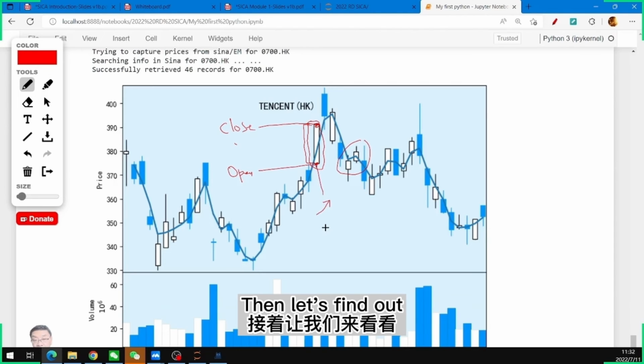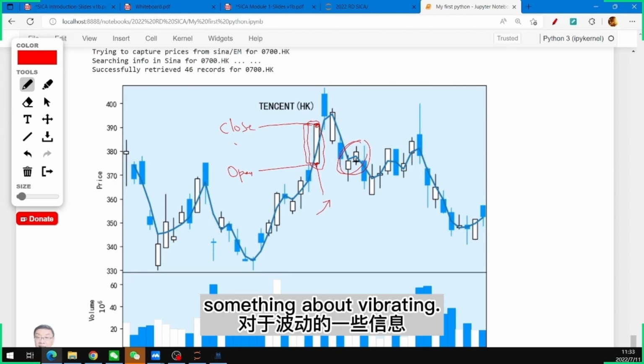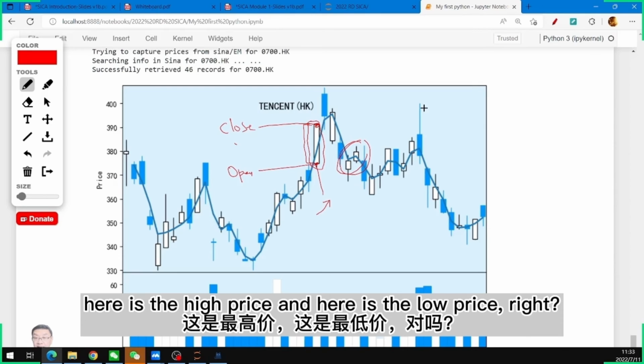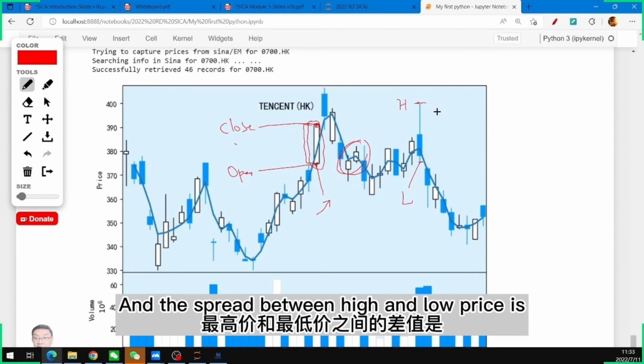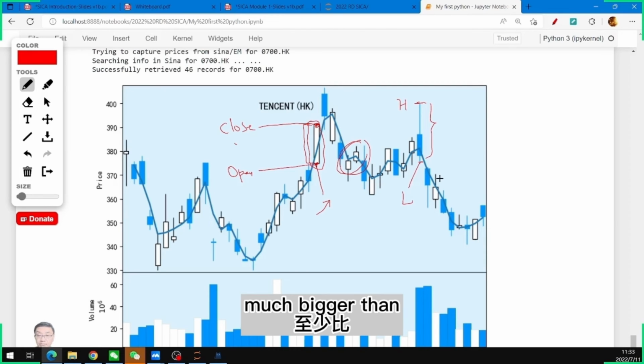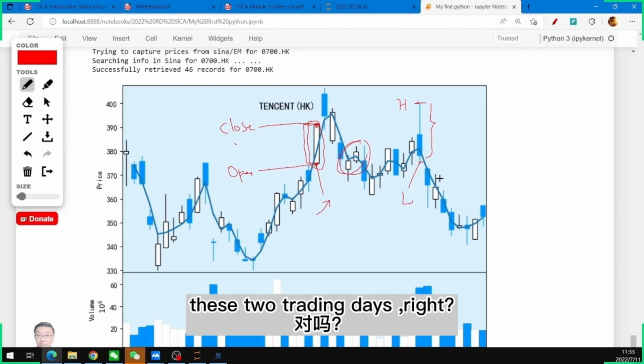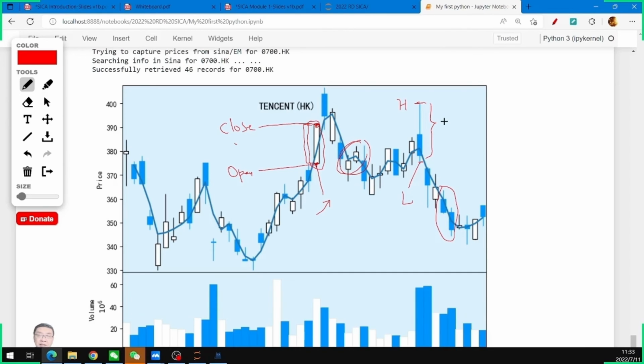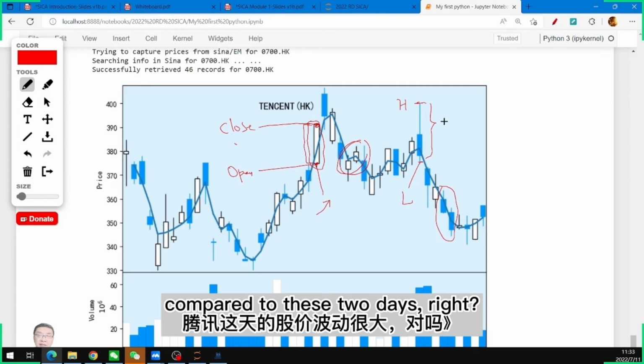Then let's find out something about vibrating. Okay, of course, here is the high price and here is the low price, right? And the spread between high and low price is much bigger than at least these 2 trading days, right? That means Tengxun stock price vibrates too much in this day compared to these 2 days, right?